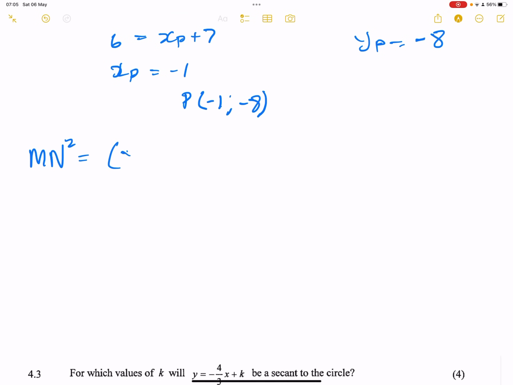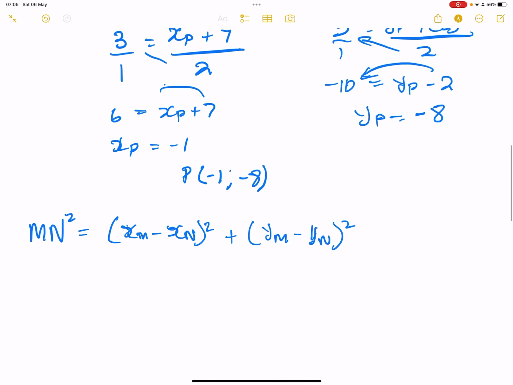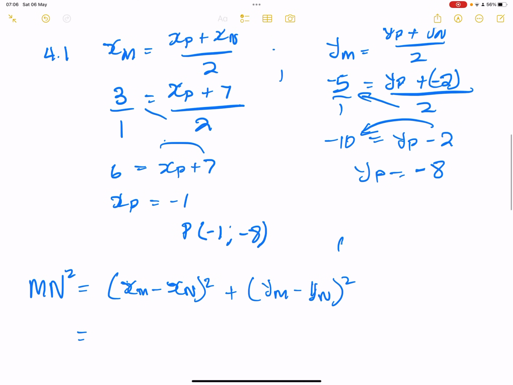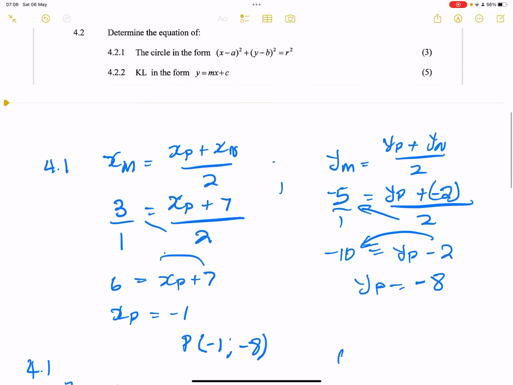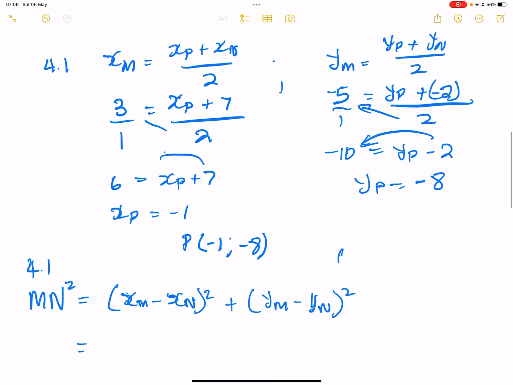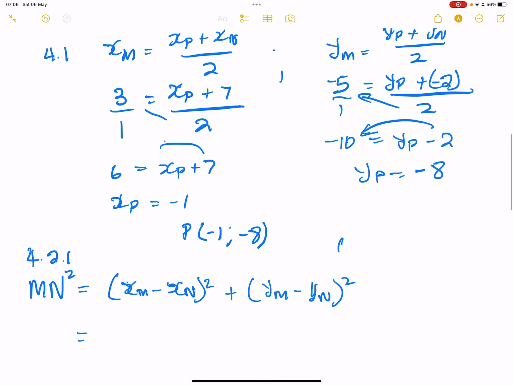So that would be (xm - xn)² + (ym - yn)². And remember, I didn't write out the coordinates of M and N. Actually, I should have. So this is 4.2, and in particular 4.2.1. I really apologize for not writing legibly there.